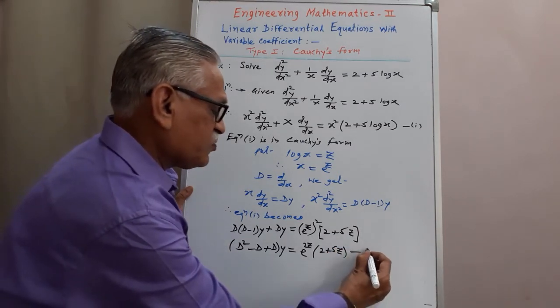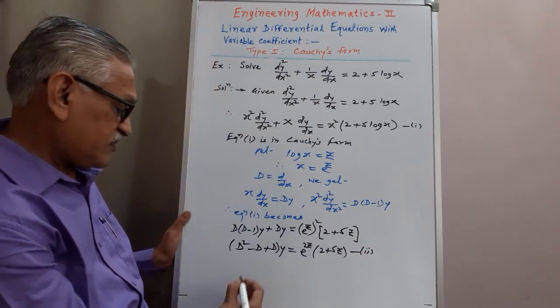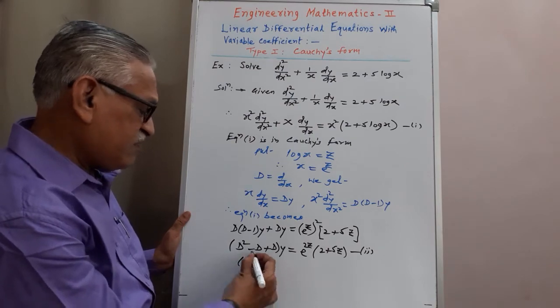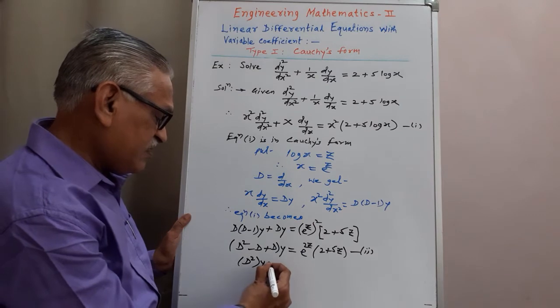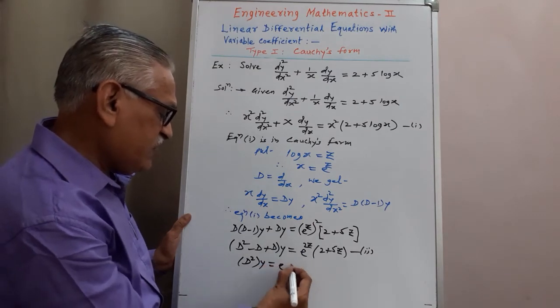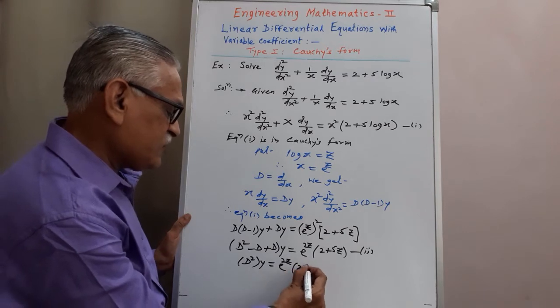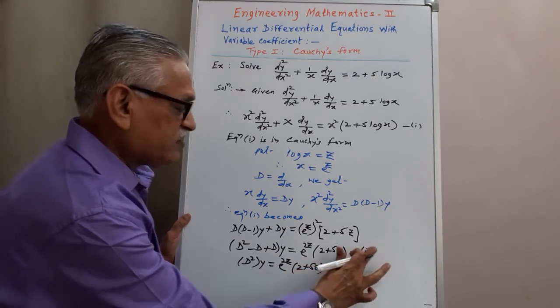We call this equation 2. That is nothing but D square minus D plus D, which get cancelled, operated on y is equal to e raised to 2z multiplied by 2 plus 5z, and we call this equation 2.